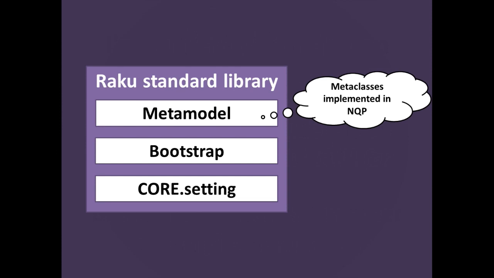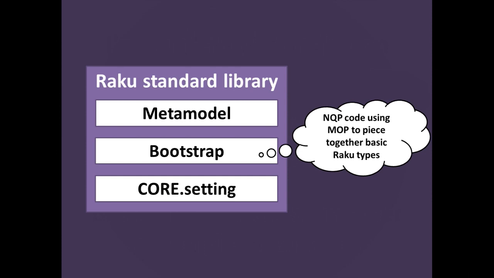And then we have the Bootstrap. That's more NQP code, and this pieces together basic Raku types. Things like scalar, attribute, things like routine, parameter, signature, and so forth. Really the types that have to be in place before we can start compiling Raku code, because the Raku code that we compile will depend upon them and use them.